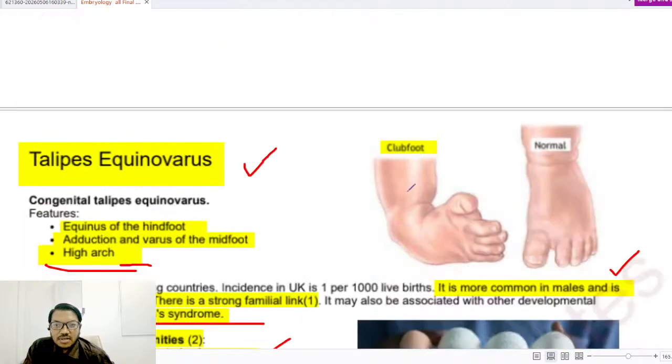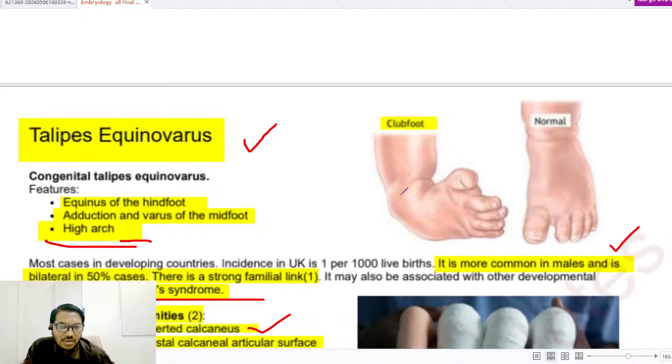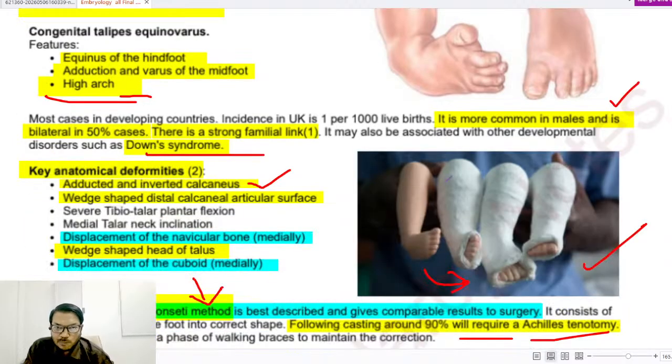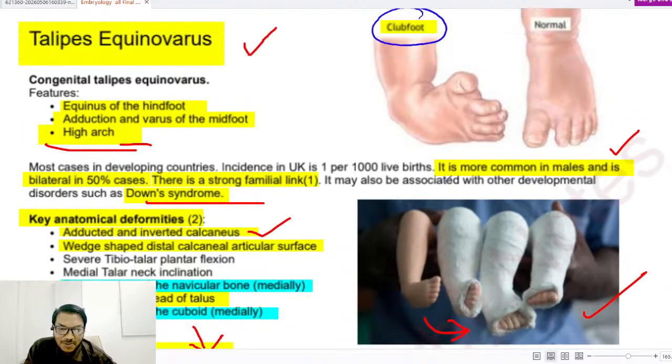Talipes equinovarus, or this is called club foot. In my previous workplace in Maldives, we used to treat this. There will be serial casting.